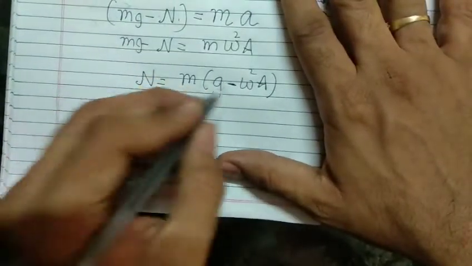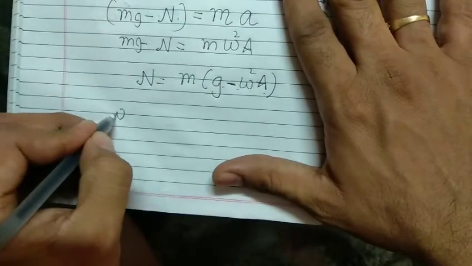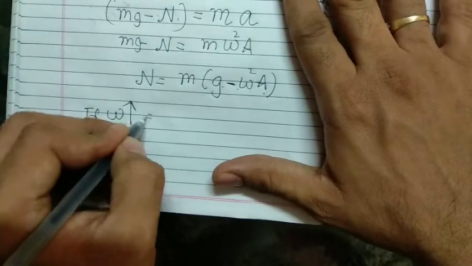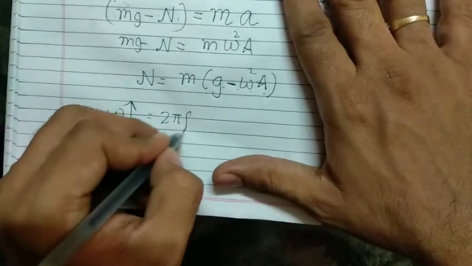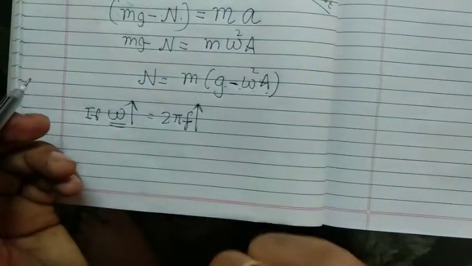Now, one term here is g minus omega square A. How can you increase omega? Omega is given by 2 pi into frequency, so if you increase the frequency, omega will increase.